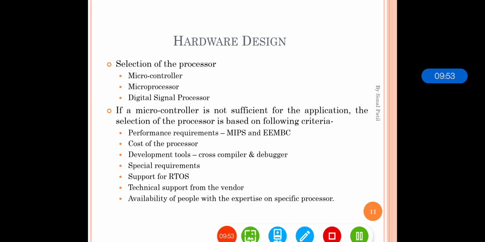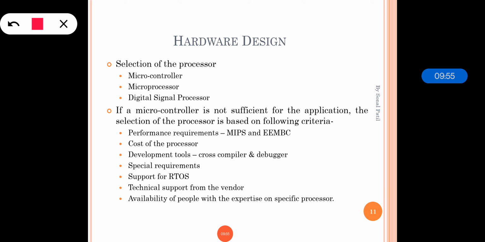Now when we are talking about the hardware design, the selection of processor is very necessary, that is either microprocessor or microcontroller or the DSP. If your application involves signal processing like audio video applications, we have to use DSP. If we want better performance without external circuitry, microcontroller is best. If we want more performance and we can afford the number of external components, we can go with the microprocessor.